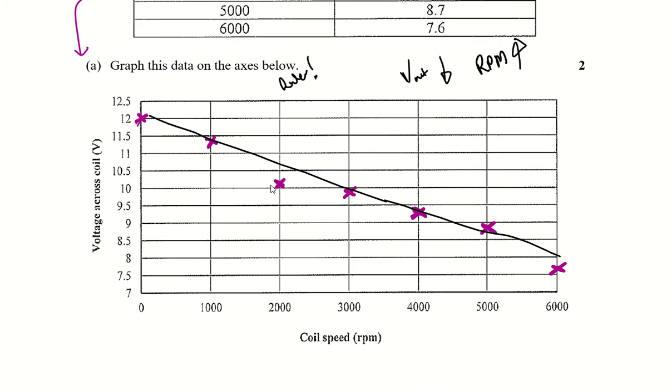If you actually have a look at this graph here, it is not directly proportional. A directly proportional graph is actually a positive linear chart here. What you can see here, this is actually inversely proportional. How do I tell? I can tell by, as the rotation speed increases, the net voltage across the coil actually is decreasing. So by that aspect, the coil speed and net voltage is actually inversely proportional rather than being proportional to each other.